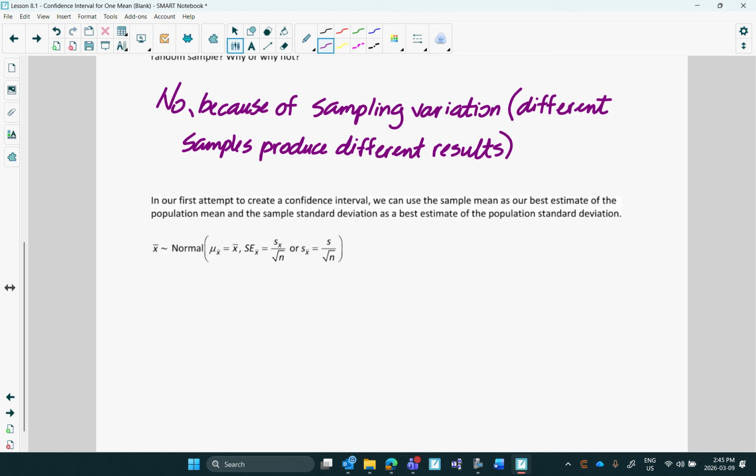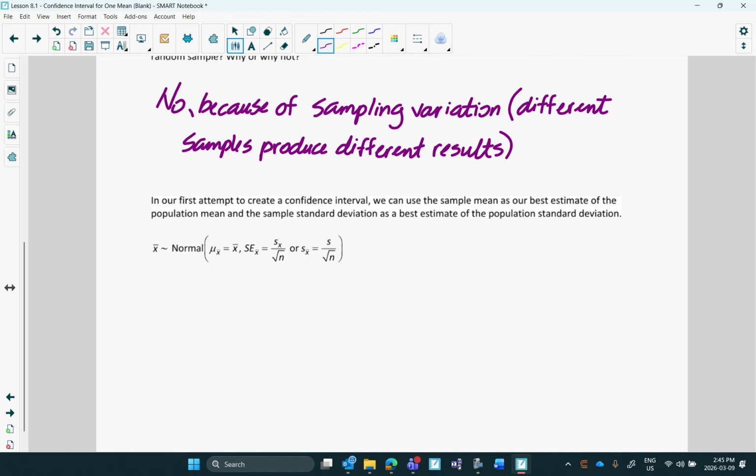The point estimate is the sample mean, and the standard deviation is the sample standard deviation divided by the square root of the sample size.